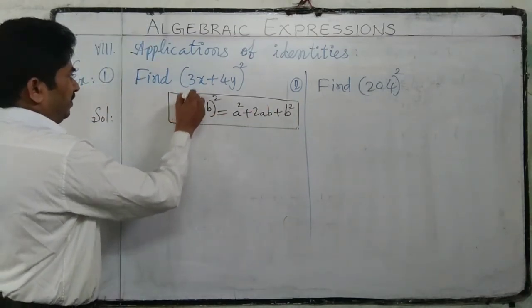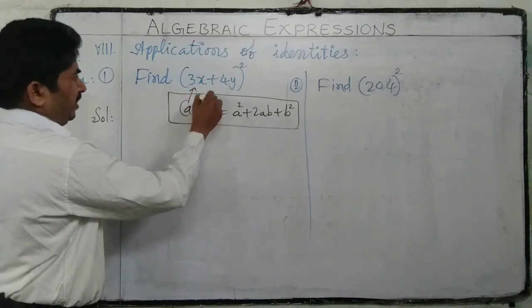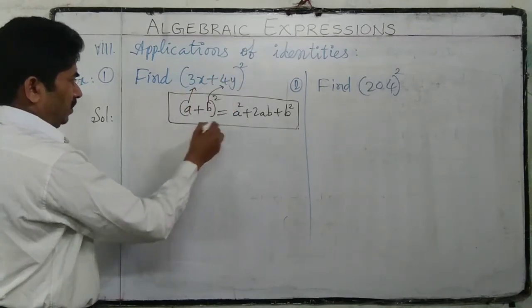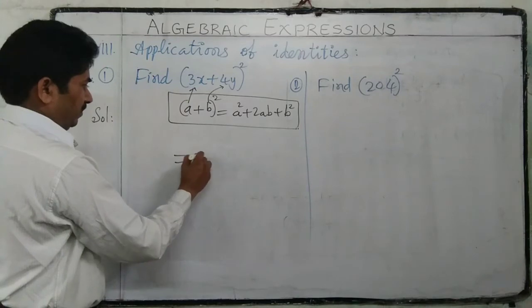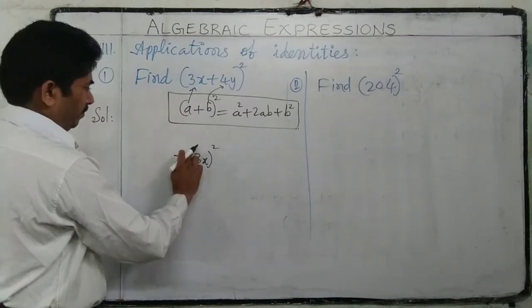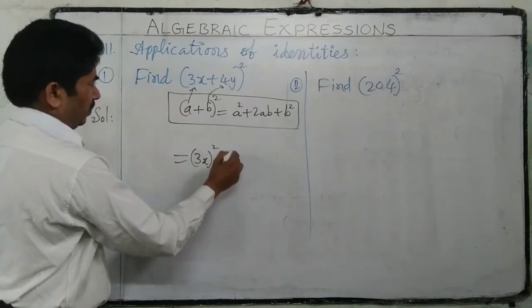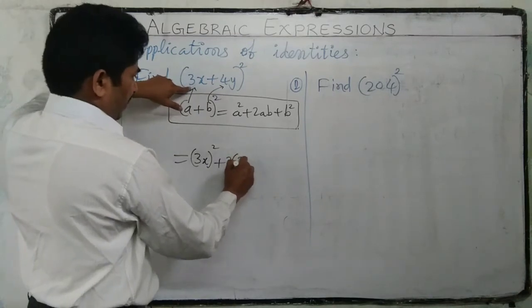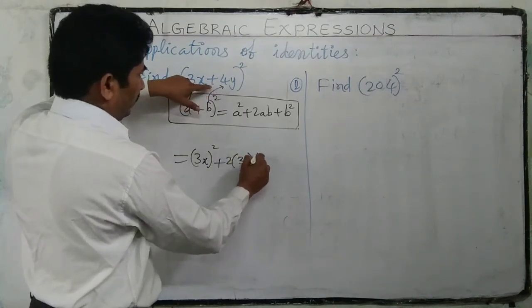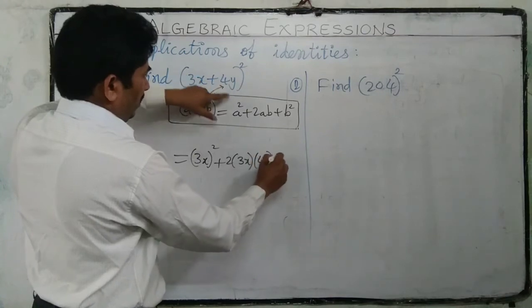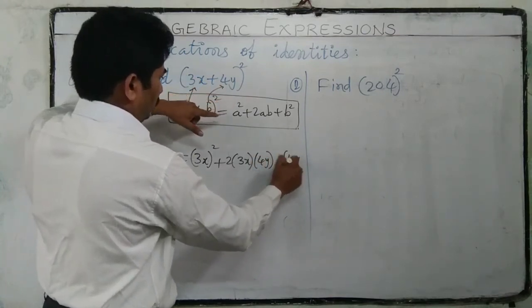In place of a, here we have 3x. In place of b, here we have 4y. So a square, 3x whole square, plus 2 into 3x into 4y, plus b square, 4y whole square.